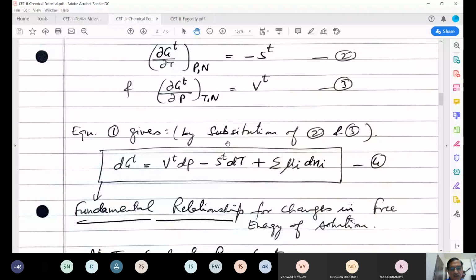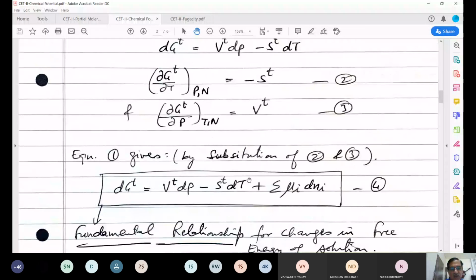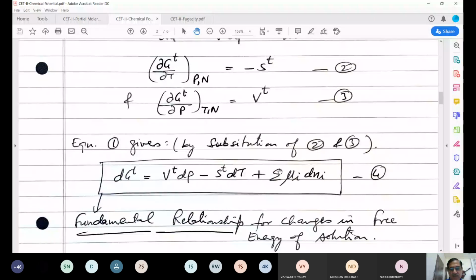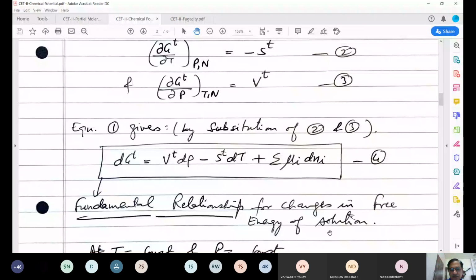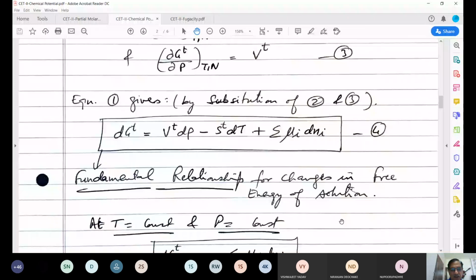But now, because of chemical equilibrium or fluid phase equilibrium, we have to add this term on the right hand side, and that is our fundamental relationship for changes in Gibbs free energy of solution. And at constant temperature and pressure, dP becomes 0, dT becomes 0.